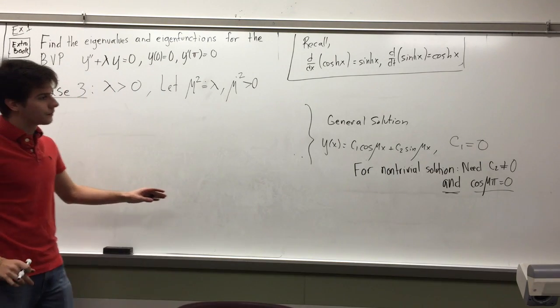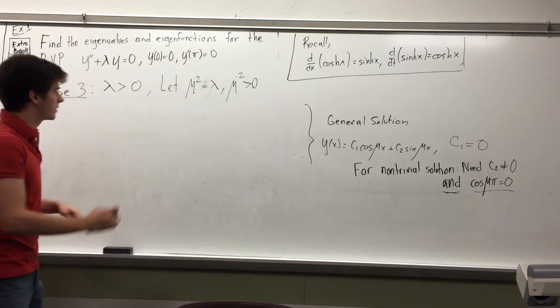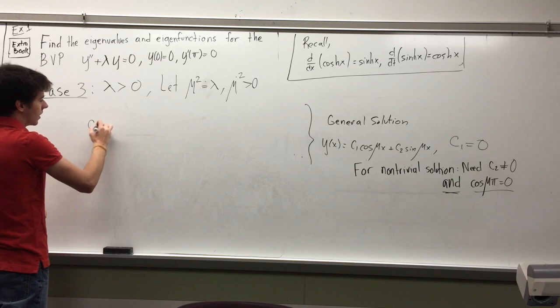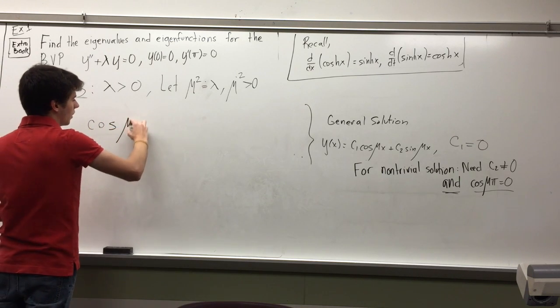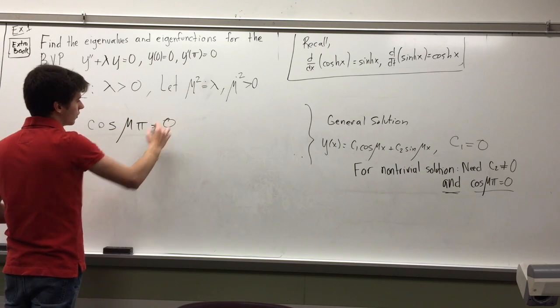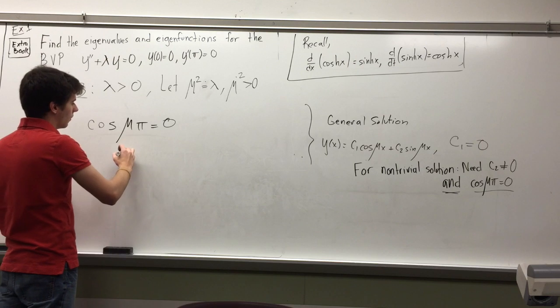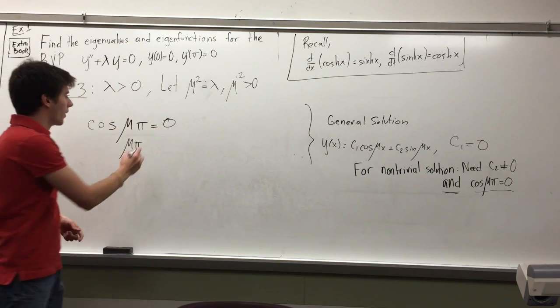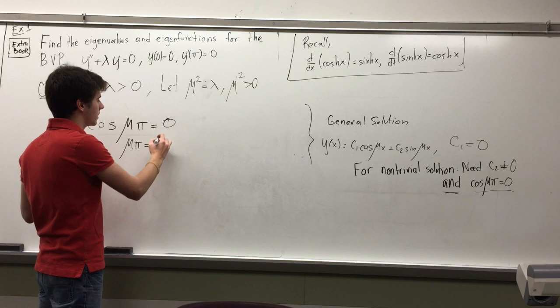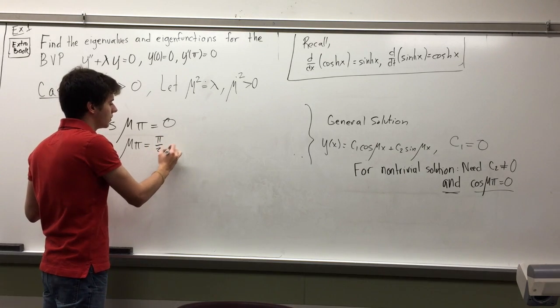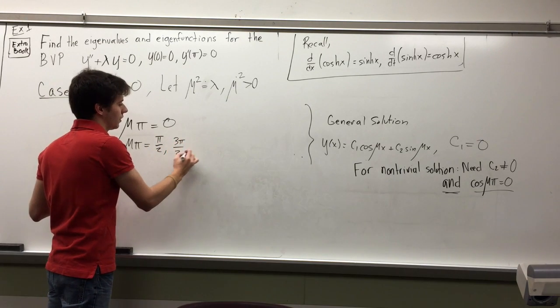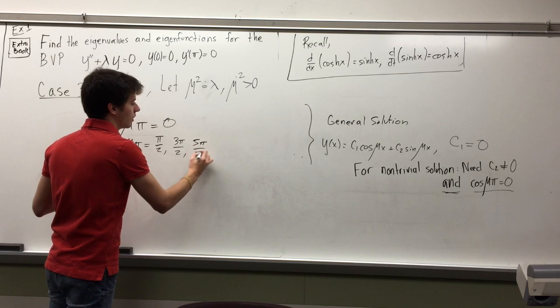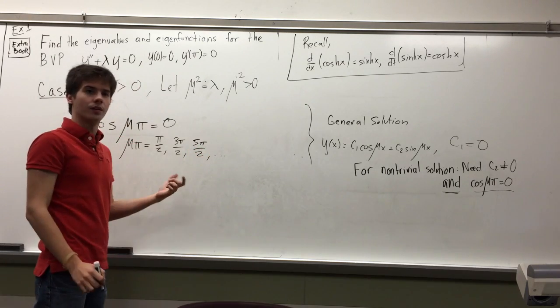Alright, so now let's consider cosine of mu pi is equal to 0. Well, if this is equal to 0, then we need mu pi to be pi over 2, 3 pi over 2, 5 pi over 2.